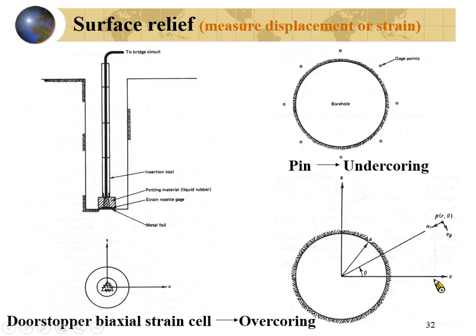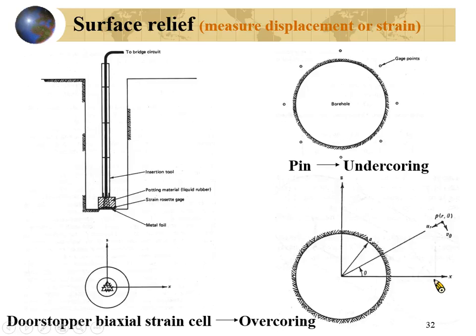Okay, then the stress relief method. When we talk about hydraulic fracture and stress compensation, we don't really need the relation between stress and strain. We don't measure the strain. We're trying to compensate the stress, or apply a stress to make the rocks fail, so it has nothing to do with the stress-strain relation.